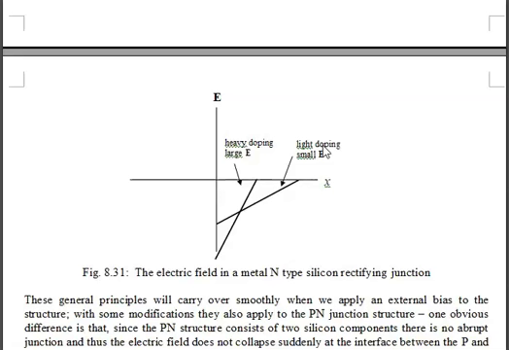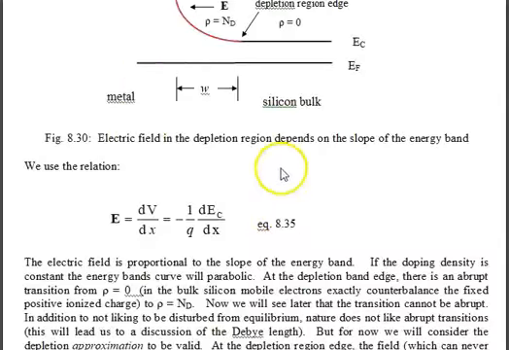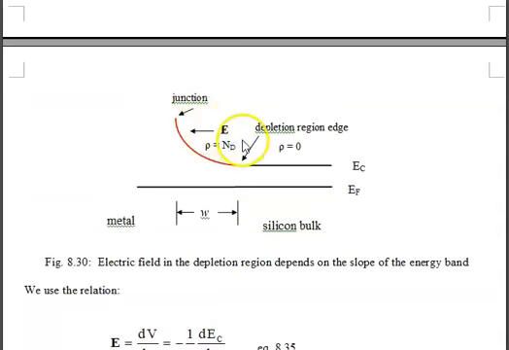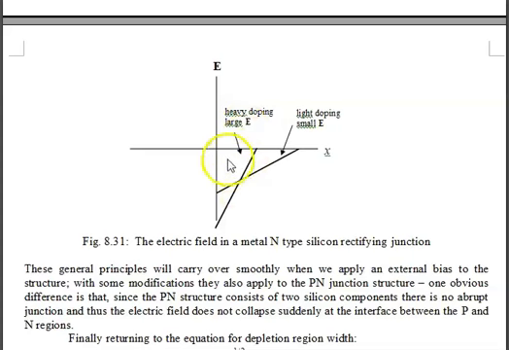This is just basically a statement of what we were saying before, that with heavy doping, we have a large electric field, a large slope of the electric field, and that would be this line right here. The electric field is negative, points from right to left, and it is maximum at the junction, which is right here.